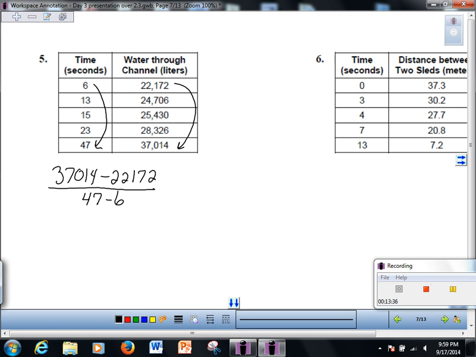If I type that into my calculator, I'm going to get 14,842 over 41. 14,842 divided by 41, you're going to get 362. Now put your units on there. Liters per second.